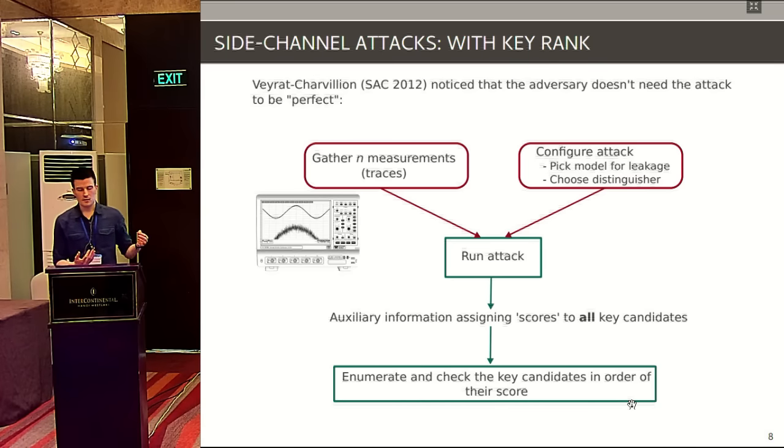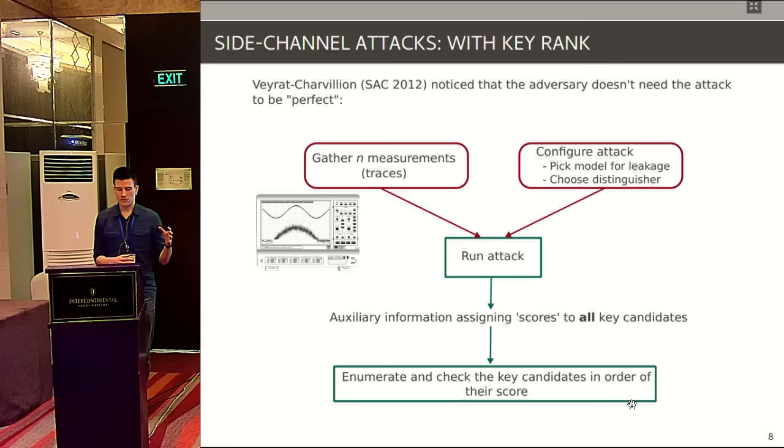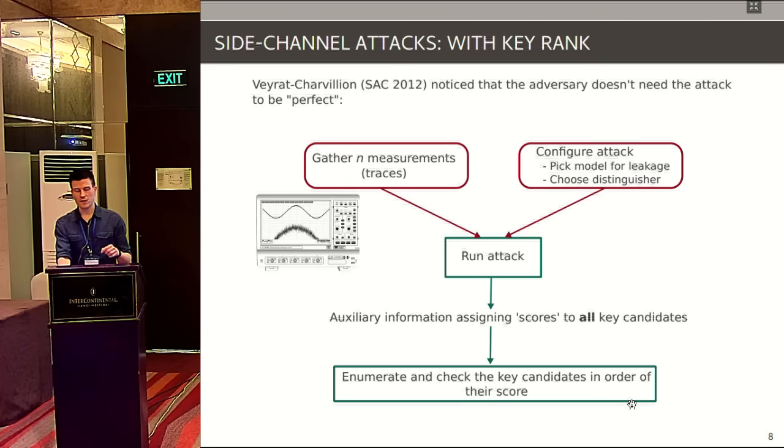But they described a method, and I don't want to go into the detail as such, for the adversary to make use of some auxiliary information contained in the attack result. And the adversary does some what we call enumeration work. The adversary is able to assign a score that's associated with the likelihood of all the key candidates being the correct one.